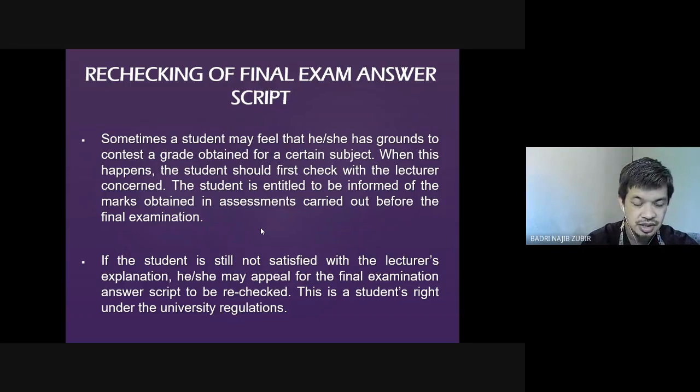That is the positive outcome, because you go from a lower grade to a higher grade. But if you do rechecking, the reverse can also happen, which means that you start off with B plus, but after the second checking, the new examiners give you lower marks. Maybe you are downgraded to B, and so on and so forth.